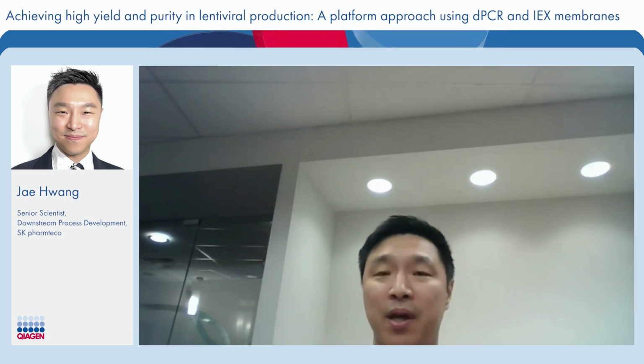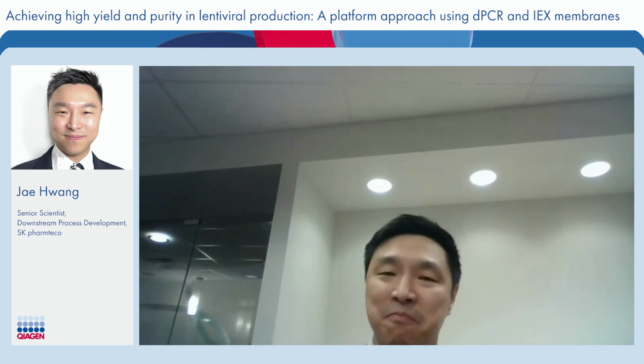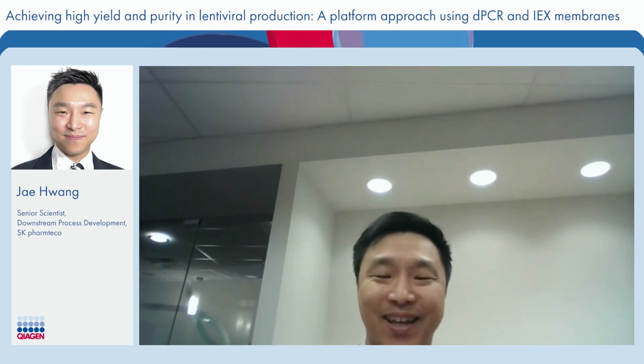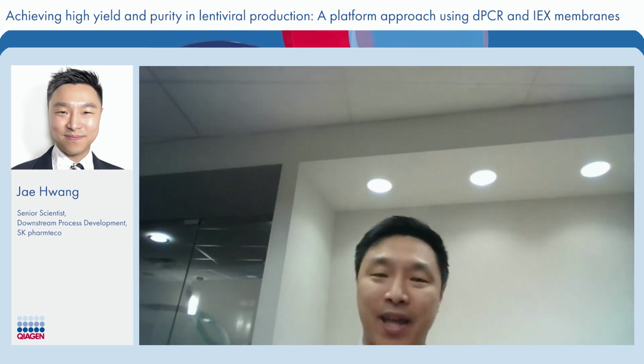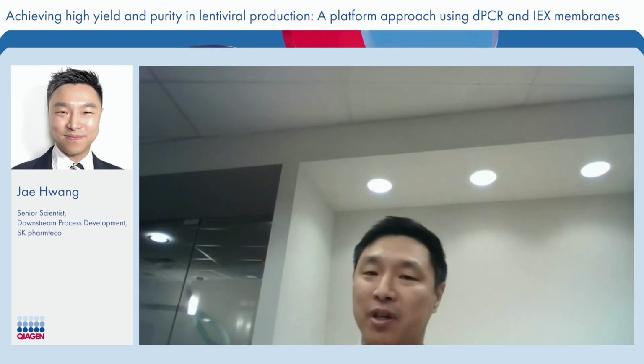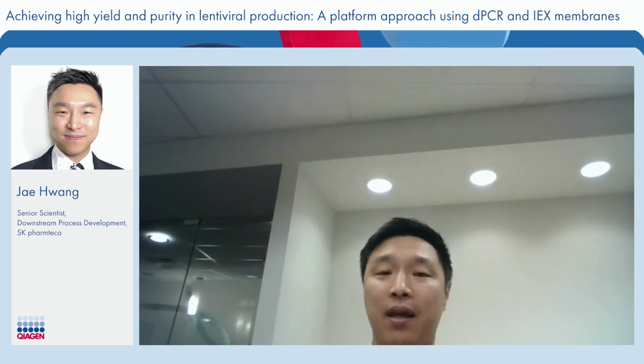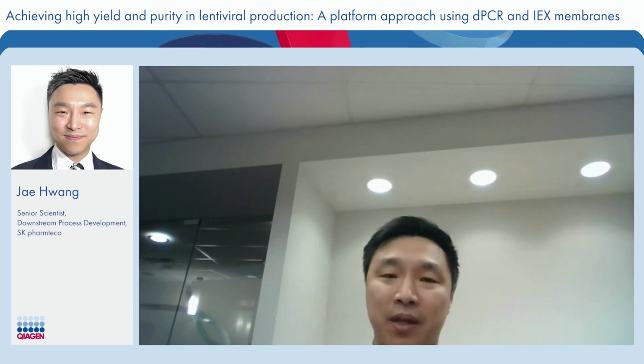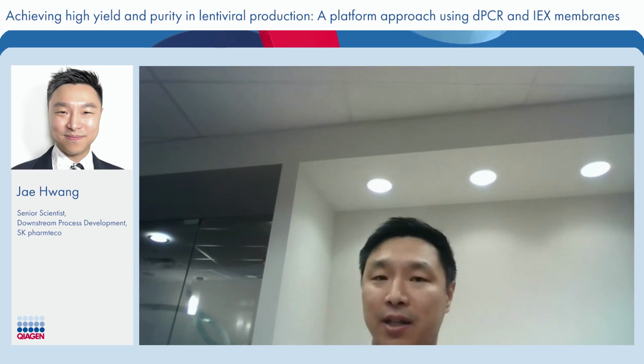So instead of cramming everything up, they can always get the first capture step done, put it at 2 to 8 degrees C overnight, do the remaining process the next day, and can still end up with a very nice overall recovery.